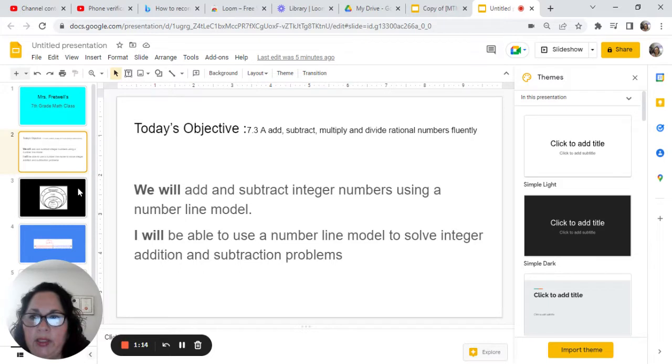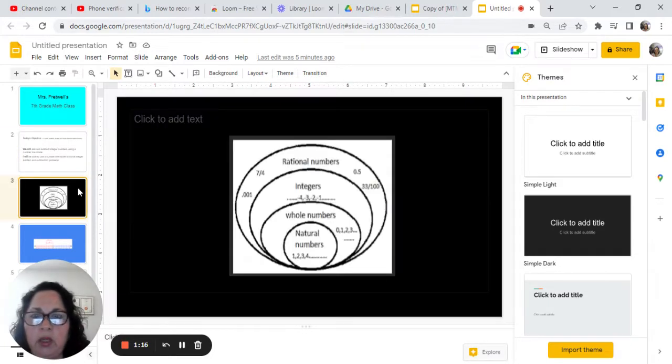So I want to remind us about what we've been working on. The last few times that we've met, we've been working on classifying rational numbers. And this is really important because integers include our natural numbers, they include our whole numbers, but they do not include rational numbers, which are fractions, decimals, positive and negative.